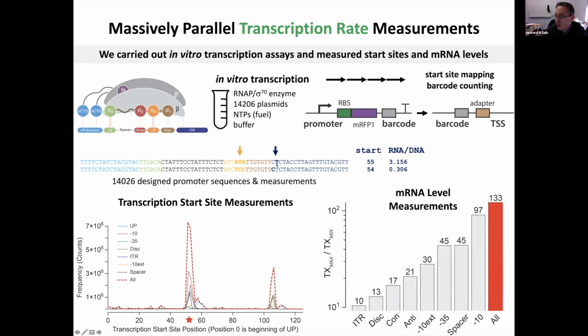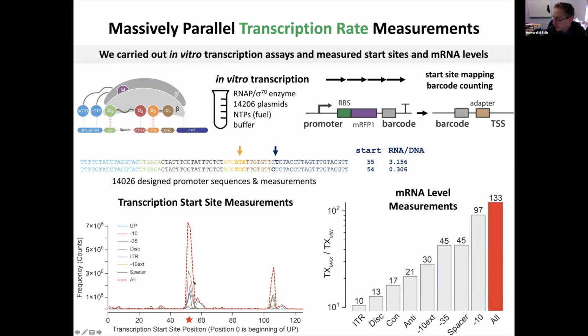It can not only affect the transcription initiation rate of that promoter, it can also affect the transcriptional start site of that promoter. So in order to develop the promoter calculator algorithm, we needed to carry out both transcription rate measurements as well as transcriptional start site mapping measurements on all of our 14,206 promoter sequences. And so that's what we did.